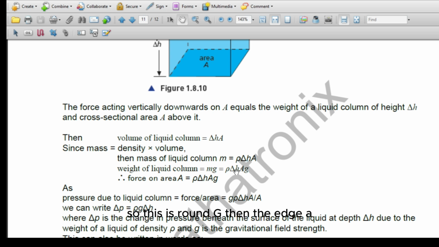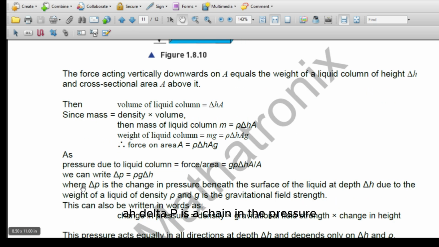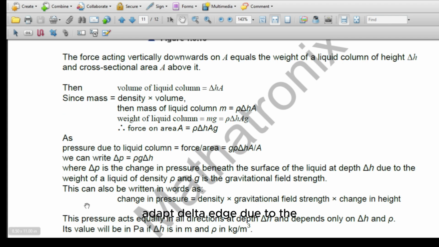So this is rho g delta H A. The pressure due to the liquid column is equal to force per unit area, so we divide this weight by the area A. This A will cancel this A, and we get the pressure due to the liquid column. We can write delta P is equal to rho g delta H. Delta P is the change in the pressure beneath the surface of the liquid at depth delta H due to the weight of a liquid of density rho, and g is the gravitational field strength.